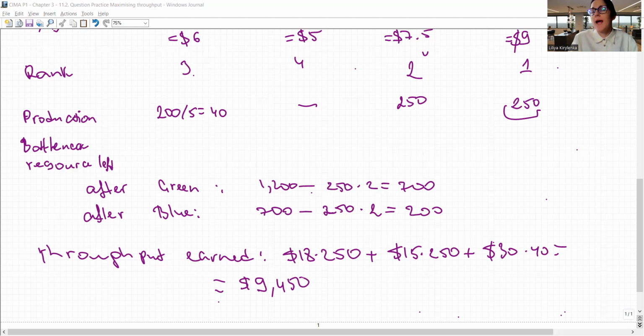For example, we will have limited labor, which we cannot change in the short term because we need time to find the right employees, to hire them, for them to leave their old job and come to our job, to do the training and so on. So throughput works super great when we need to take short-term decisions. And that is it. That is how you calculate that. And see you next.